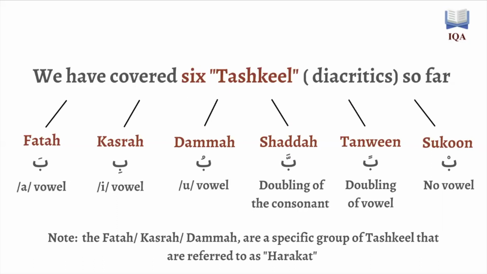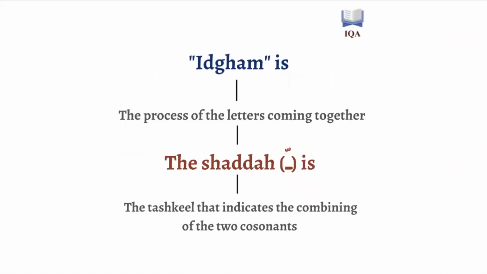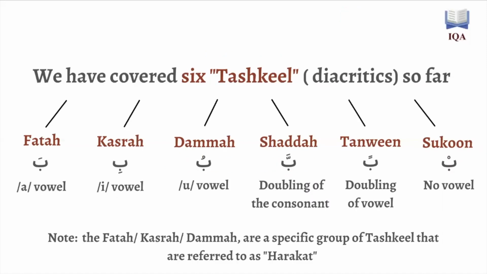So instead of saying ba, I'm going to say ban. Instead of saying bi, I'm going to say bin. Instead of saying bu, I'm going to say bun. And then finally we have the sukoon, which is either going to be a circle or a half circle placed above the letter to represent that this consonant, this letter here, does not have a vowel with it. So this is what idgham and what shadda is. And likewise, these are the tashkil that we've covered so far.